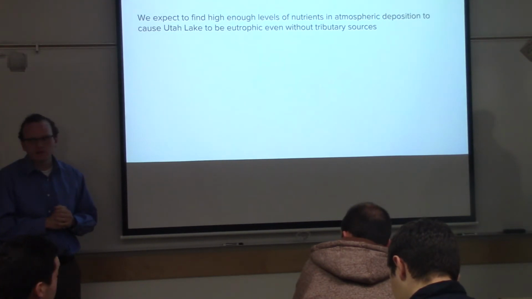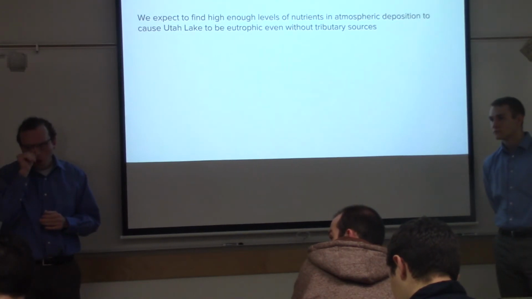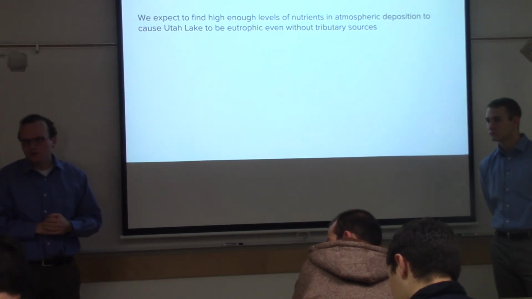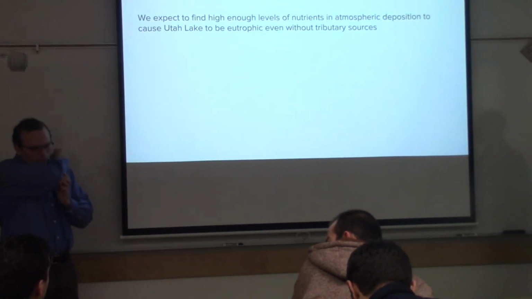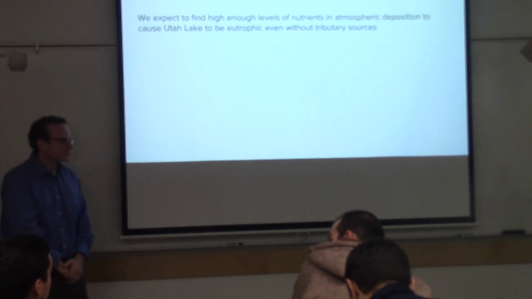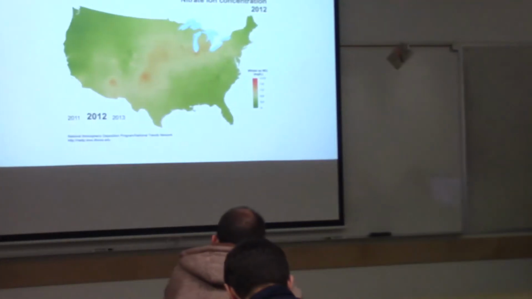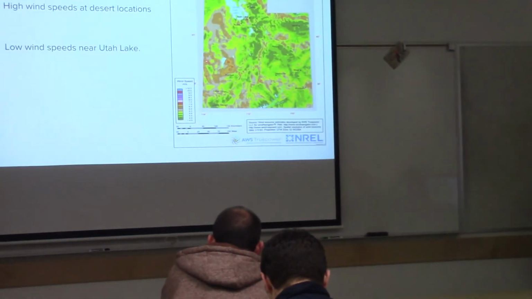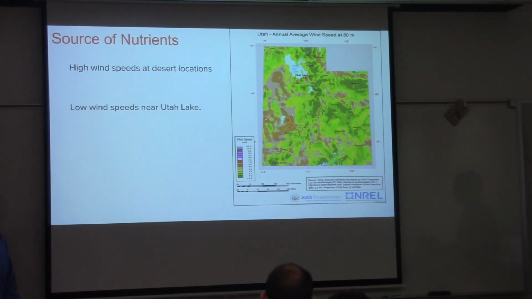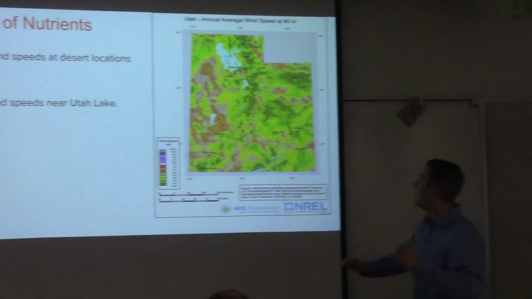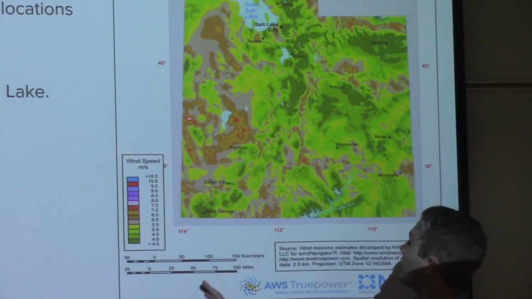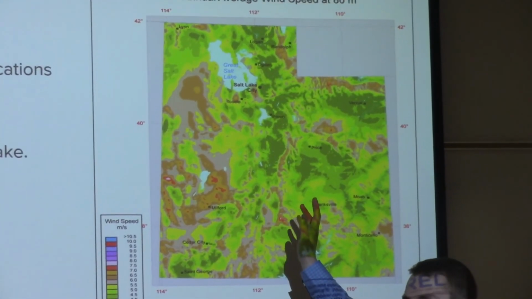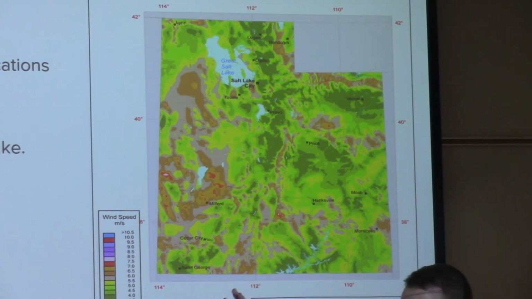Time for one more question. So you showed that map of the wind speeds. I'm wondering if you know anything about prevailing wind directions? Yeah. If we go back to that, there are papers published, I didn't include any of them, showing a general wind direction that goes from southwest to northeast, which is perfect for our study.